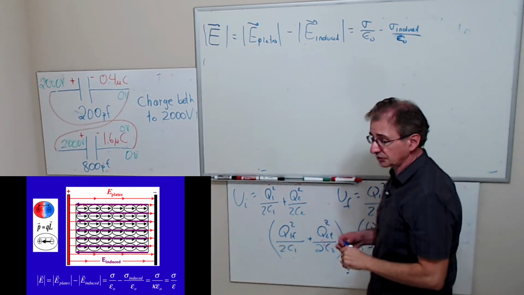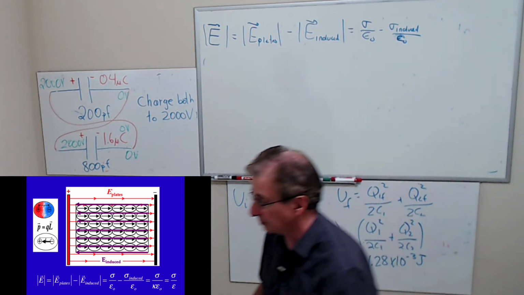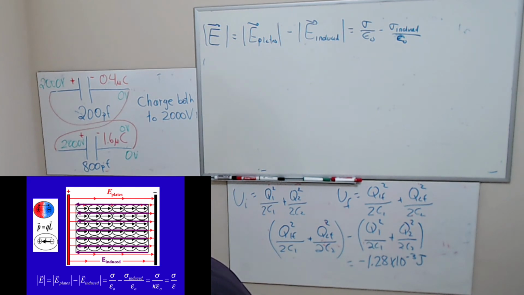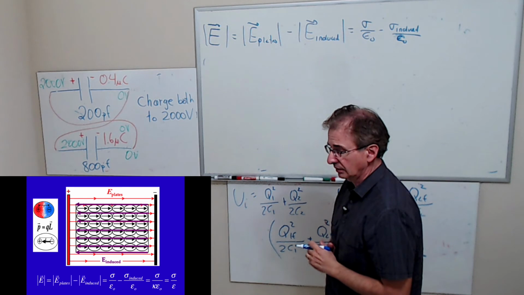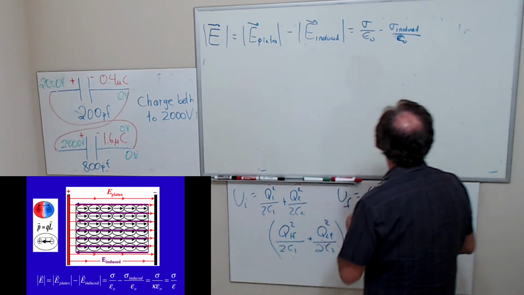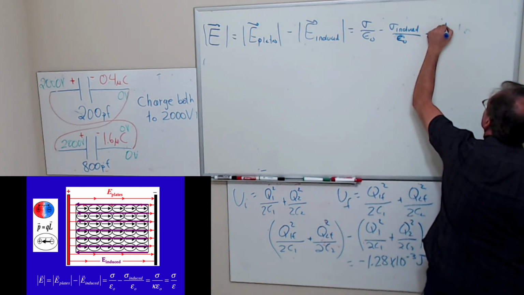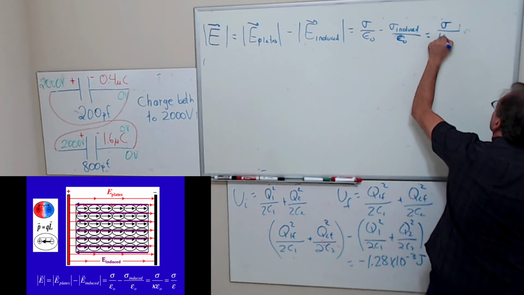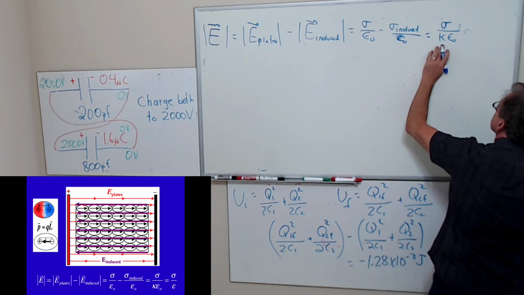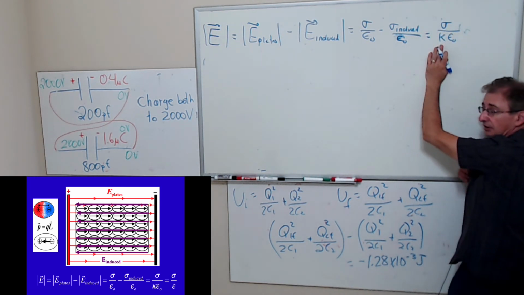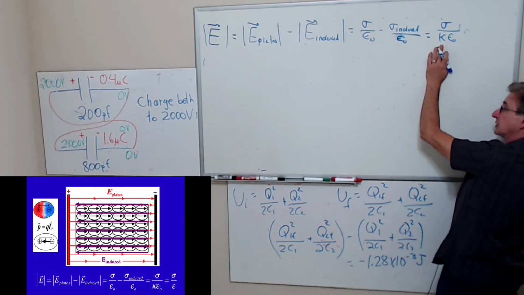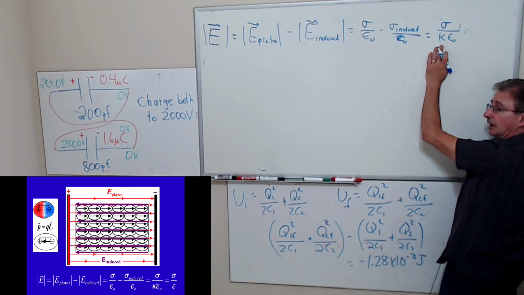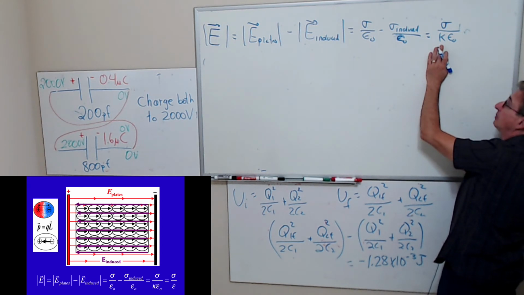Sometimes the sigma induced is called sigma bound, and some folks will call it the bound charge because they're bound to the insulator. And we say that this is sigma over kappa epsilon naught, because if the potential difference between the plates is decreased by kappa, then the electric field has to be decreased by kappa.